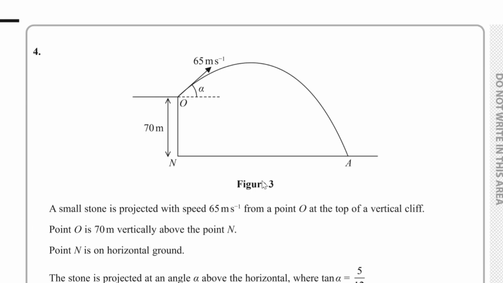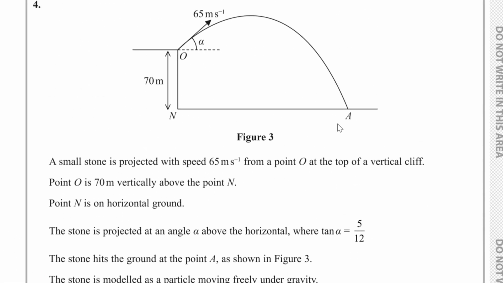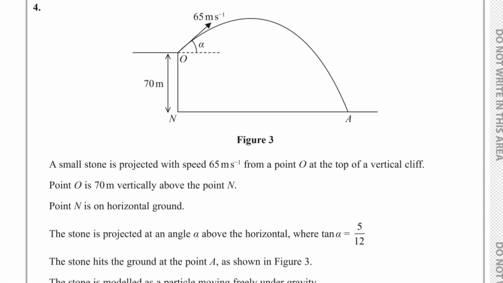Now, for part B, we have to find the speed of the stone at the instant just before it hits the ground at A. So what we're doing over here is finding out the speed. Of course, we would have to resolve horizontally and vertically.